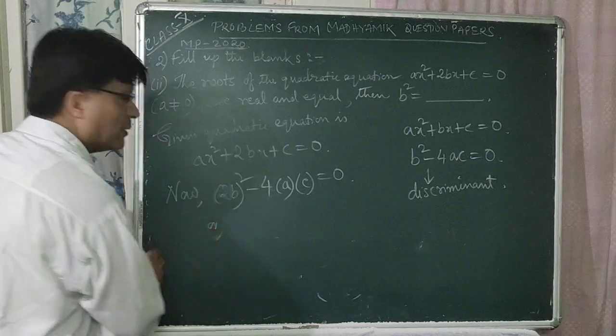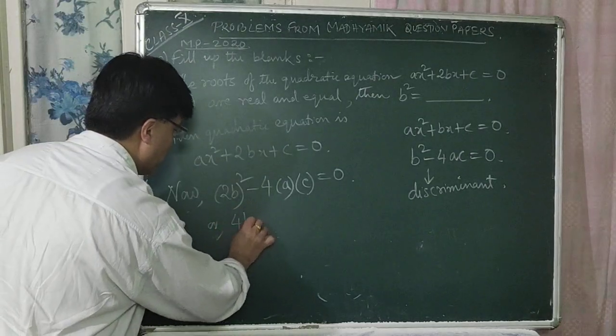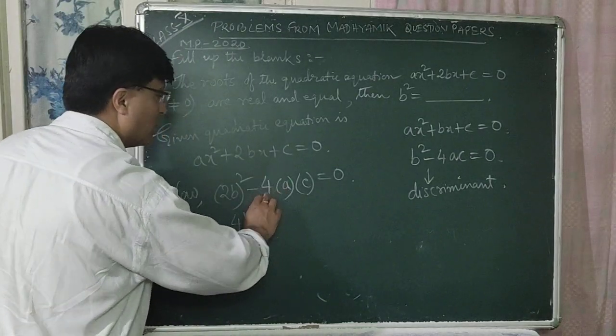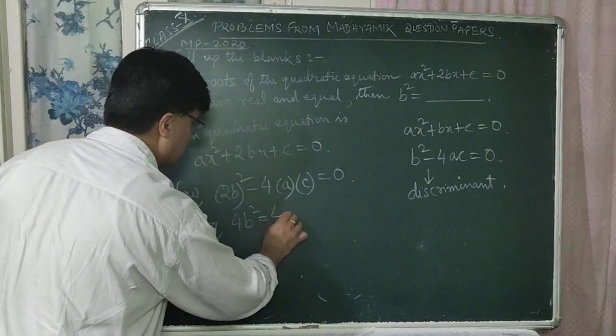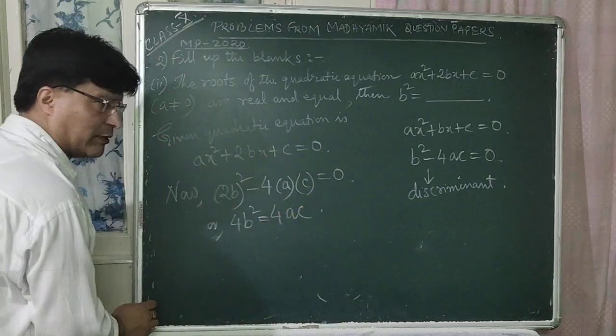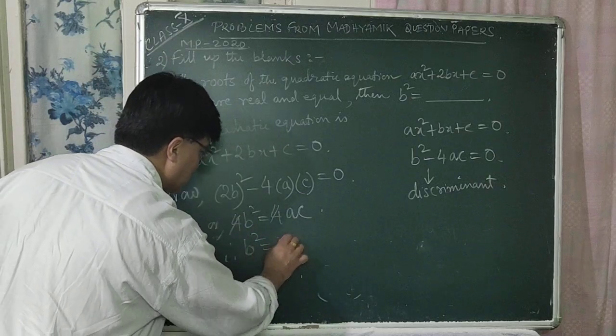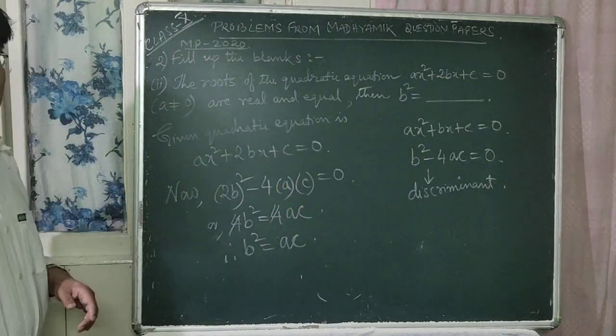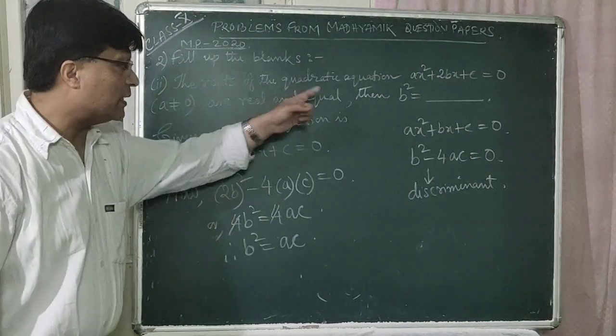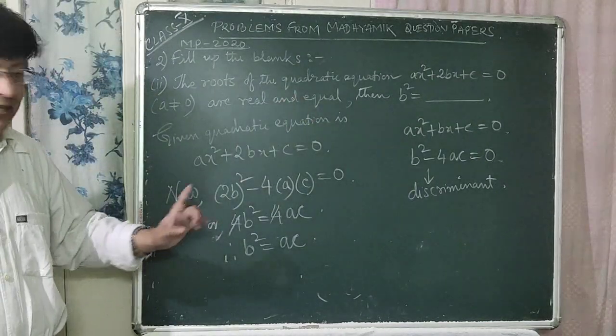Let us simplify it. This is 4b square is equal to, now minus 4ac, take it to the right side. It is equal to 4ac, right? So 4 gets cancelled. So b square is equal to ac. So what will be there in the fill in the blanks? It is ac only.